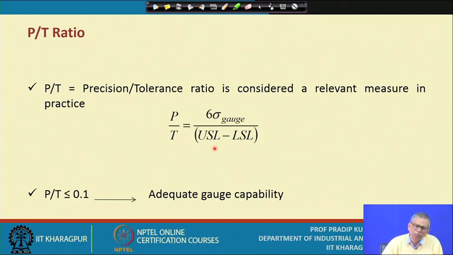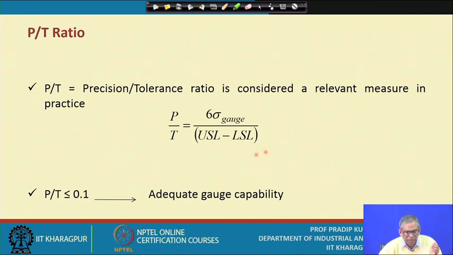Now there is a thumb rule, or they are referring to some thumb rule as far as the P by T ratio is concerned. They say that the P by T ratio must be less than 0.1. That means 10%. That means this is the total variability I am allowing as far as the gauge is concerned. Now you check whether it is 10% of the required spread, that means the allowed spread.